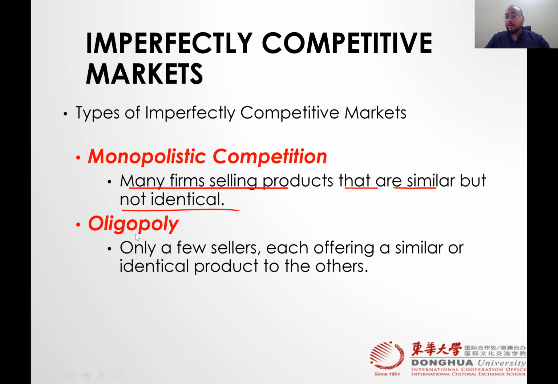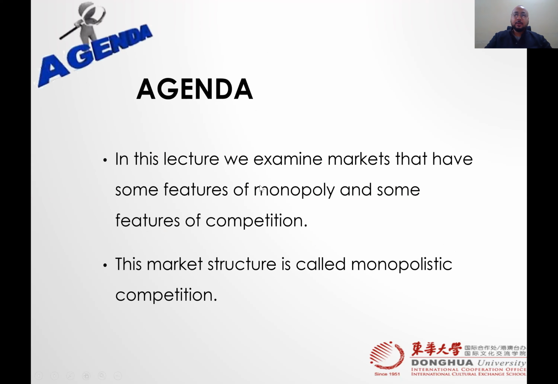In oligopoly, there are only a few sellers, like 2, 3, 4, each offering similar or identical products, right? So the agenda is that we will examine a market that has some features of monopoly and some features of competition, and hence we call this monopolistic competition, right?